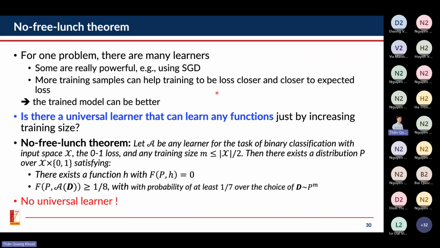And the answer is no, not easily like this. We have a very well-known theorem, the no free lunch theorem. It essentially says that for any learner, there exists a learning task so that the learner can produce trained models that are very bad, even though there exists a perfect model for that problem.